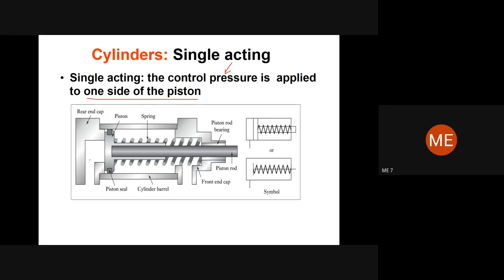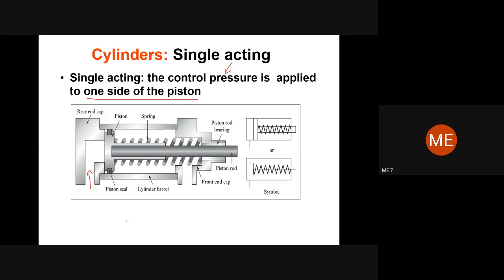Some force is required, and what gives that force is the hydraulic oil, or the air correspondingly in the pneumatic case. By this you are exerting a pressure on the piston to move. How you give it is from only one side. That means the oil is supplied through one particular port.